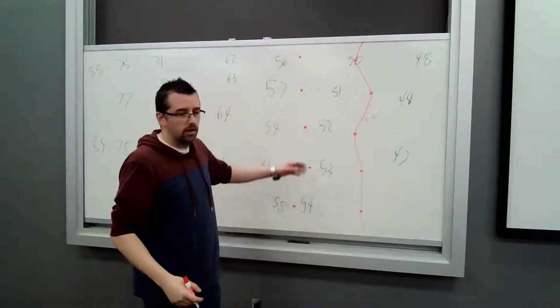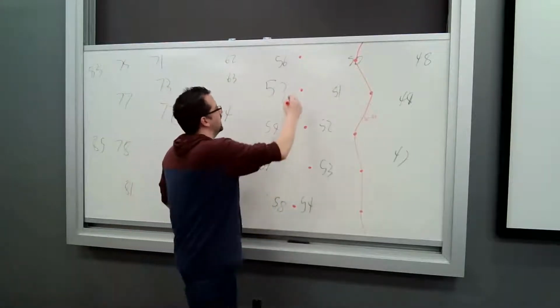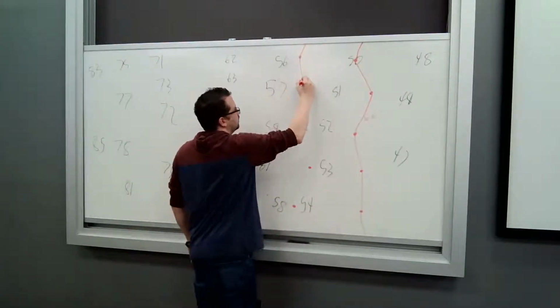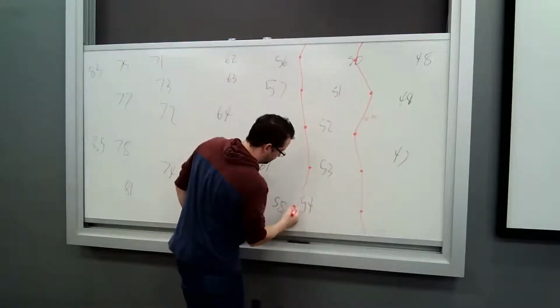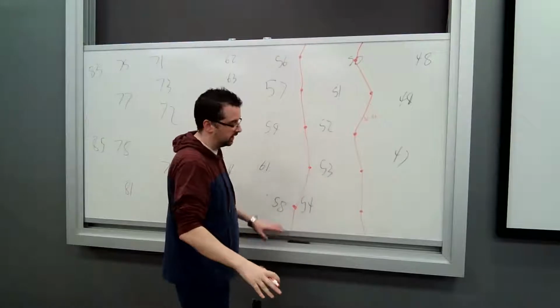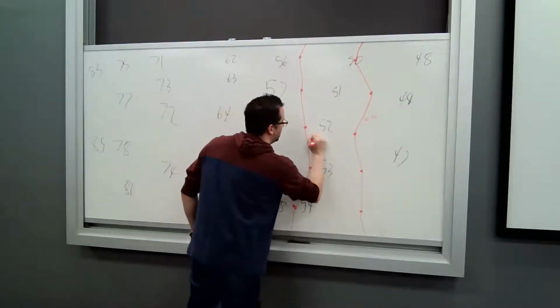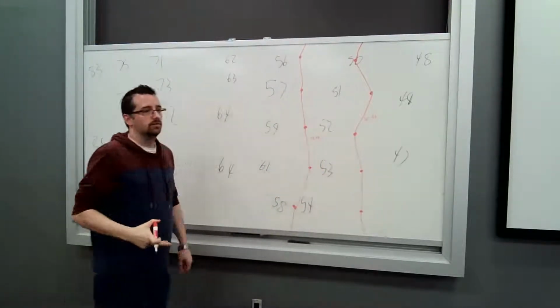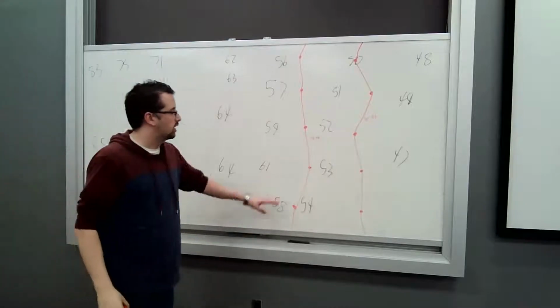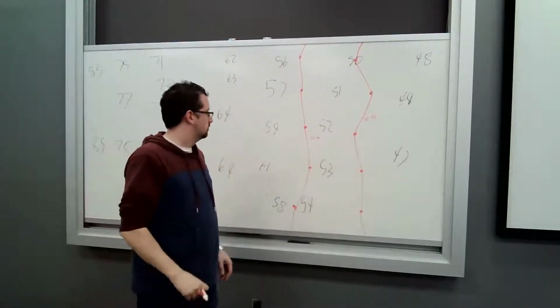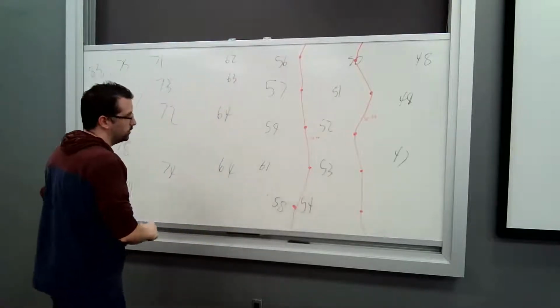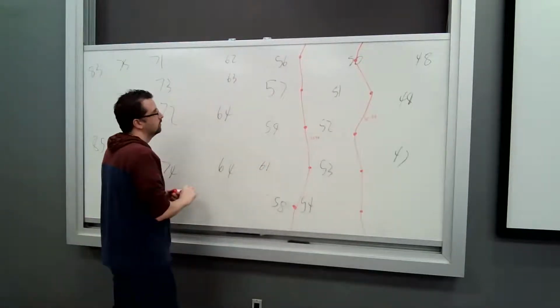Again, points plotted and connected. All right, so 55 feet. Plot the points, label it. Well, next line, obviously 60.